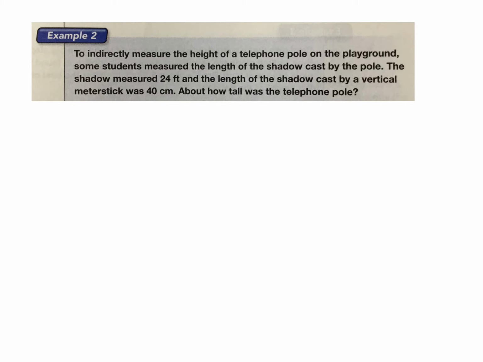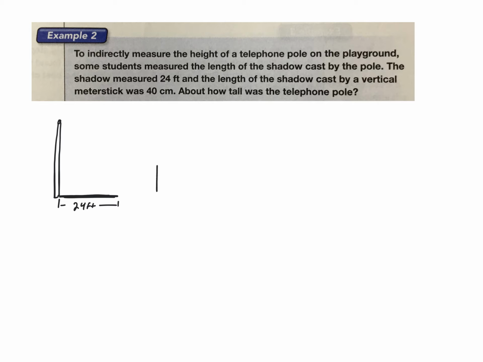So here's a telephone pole, and it has a shadow. Its shadow is 24 feet, and we would like to know how tall it is. Well, to do that, they stuck a meter stick in the ground.